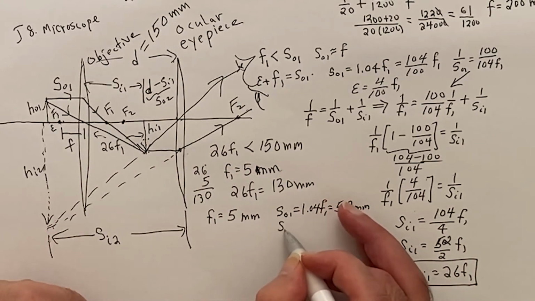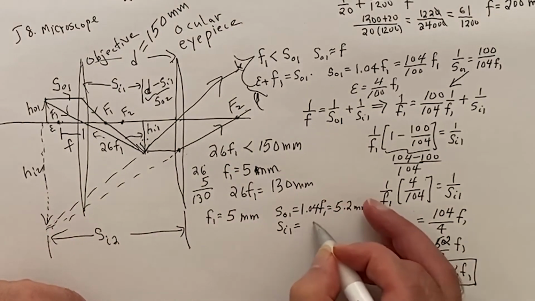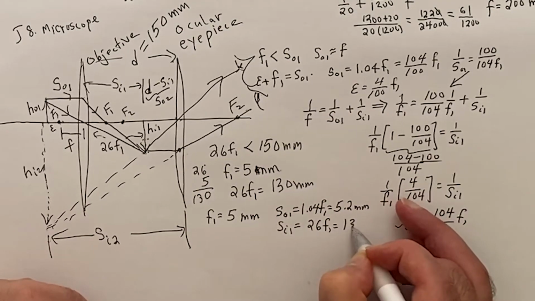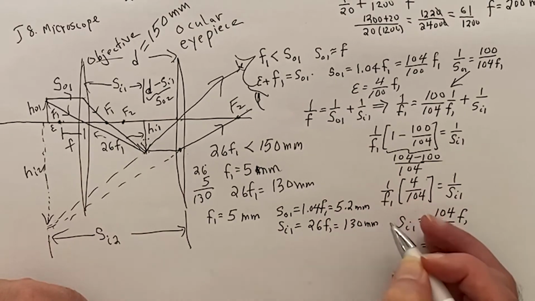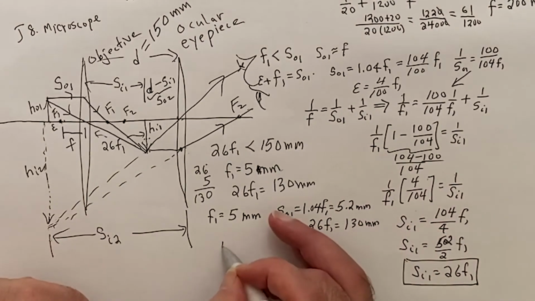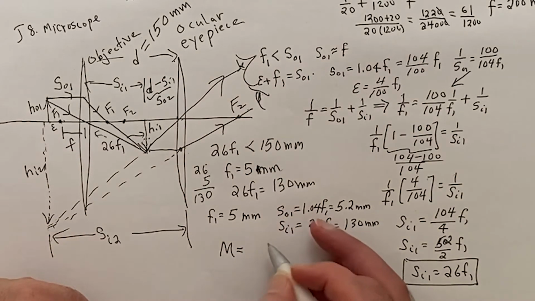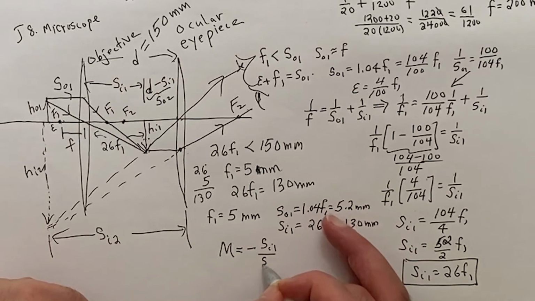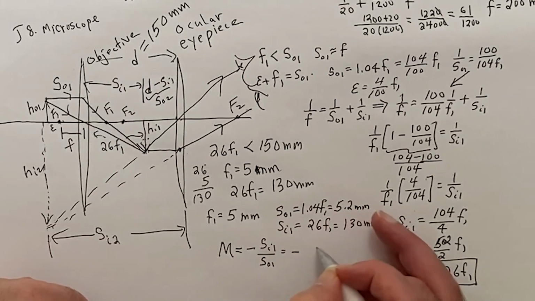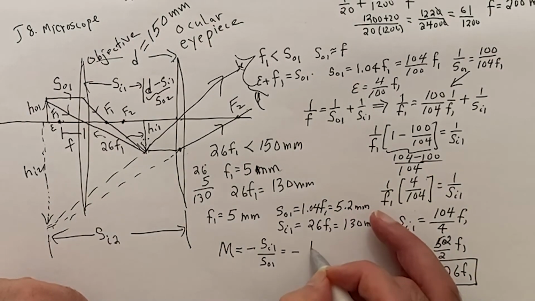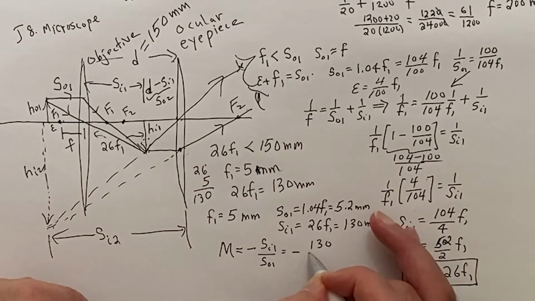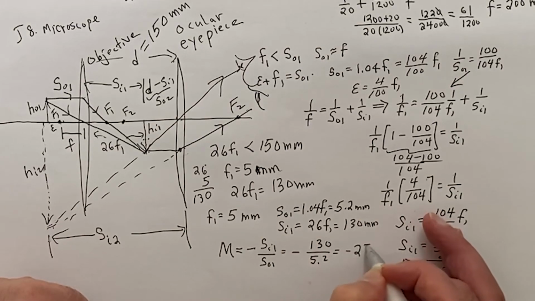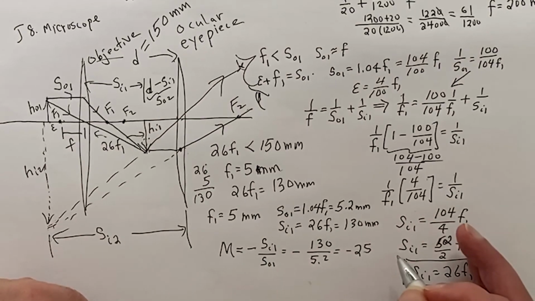And then the S image 1, which was the 26 f1, is going to be your 130 millimeters. What's the magnification so far? Here we have the linear magnification, the regular formula, SI1 over SO1. So this is minus 130 over 5.2, and that's minus 25. That's pretty good magnification.